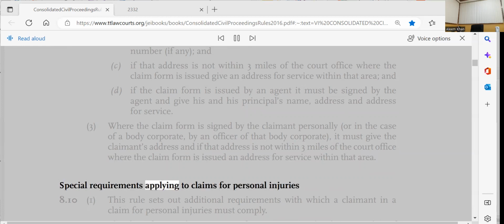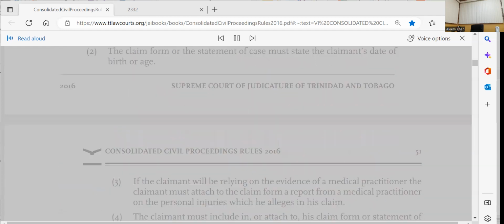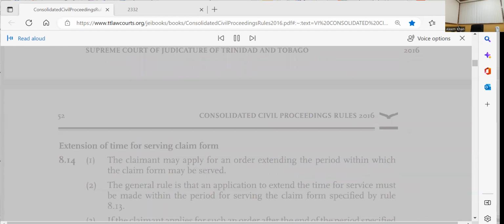Special requirements applying to claims for personal injuries. 8.10. 1. This rule sets out additional requirements with which a claimant in a claim for personal injuries must comply. 2. The claim form or the statement of case must state the claimant's date of birth or age. Supreme Court of Judicature of Trinidad and Tobago, 2016.